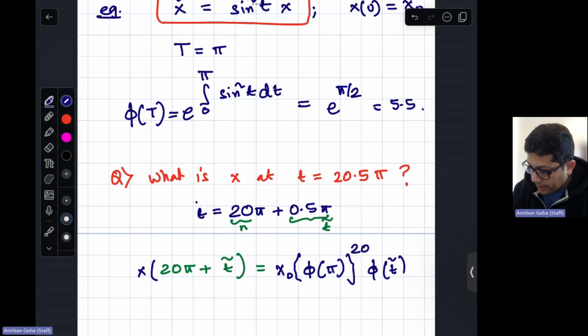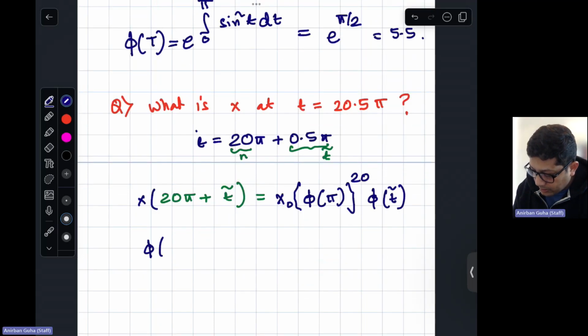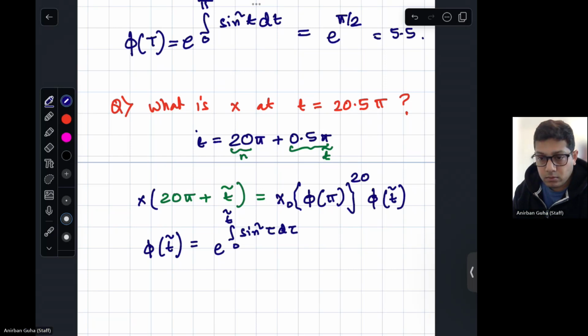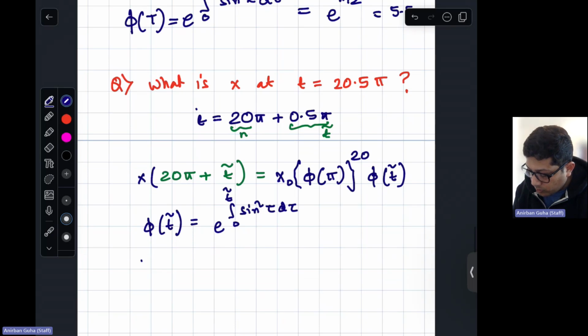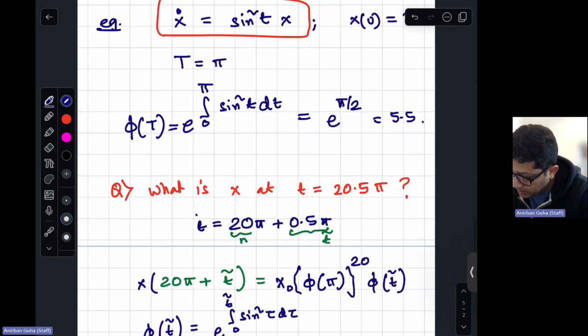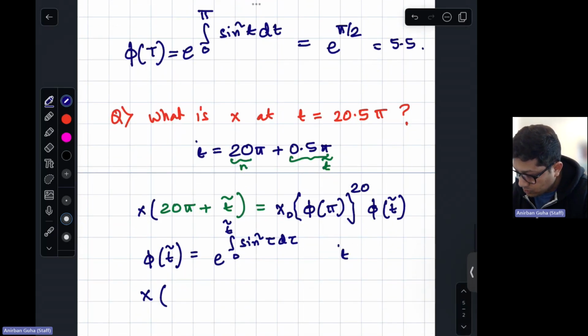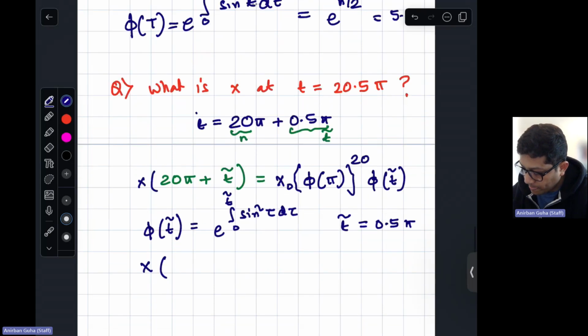And phi of t tilde is the exponential of the integral from 0 to t tilde of sine square tau d tau. So whatever that expression comes out to be. Just to note, t tilde is 0.5 pi.